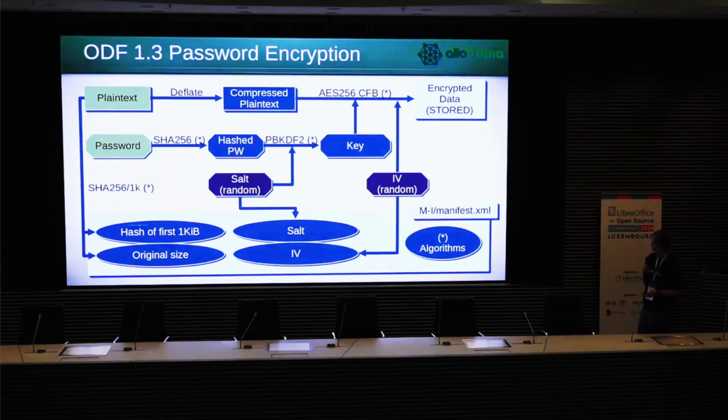Then, okay, we have the encryption key now, and in order to do the encryption, we need a second bit of random data. This comes from the operating system. This is called the initialization vector, and both of these bits of random data are also stored in the manifest because they are required to decrypt the file.